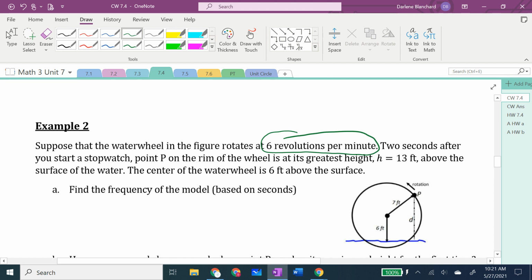What does that mean as the frequency? If I make 6 revolutions per minute, what does that make my frequency? It's 6 per minute.